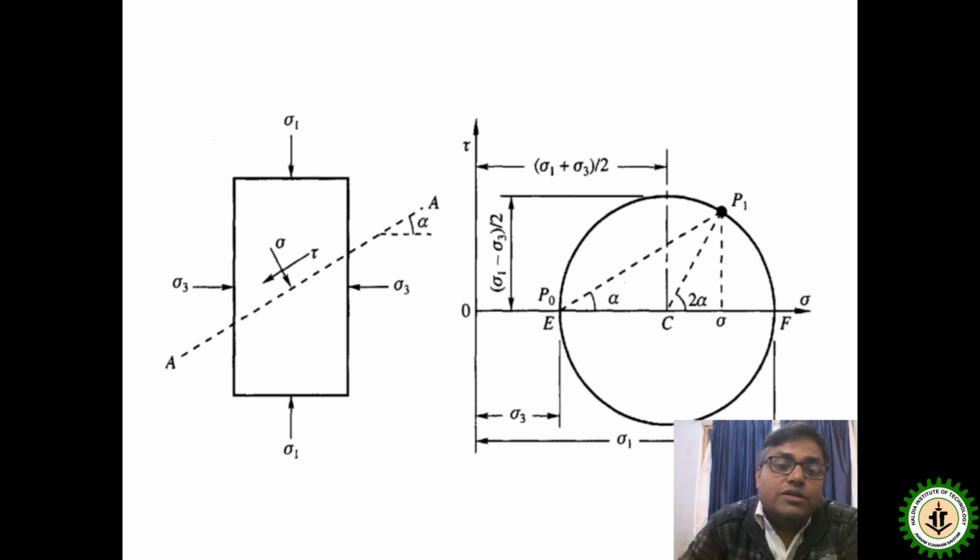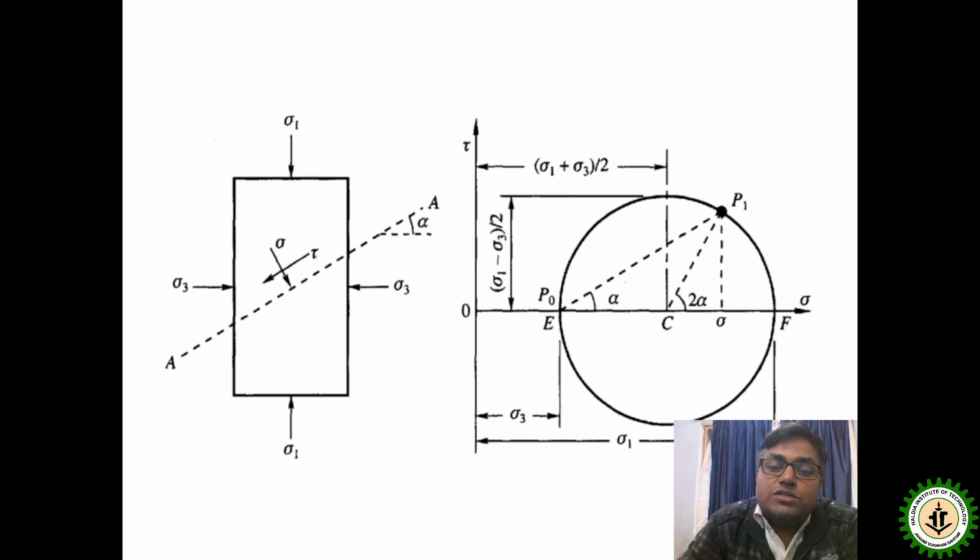The left hand side figure shows the sample under stress, and the right hand side figure depicts how the radius and the center of the Mohr circle have been found out.